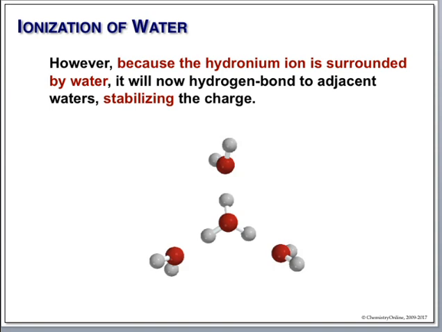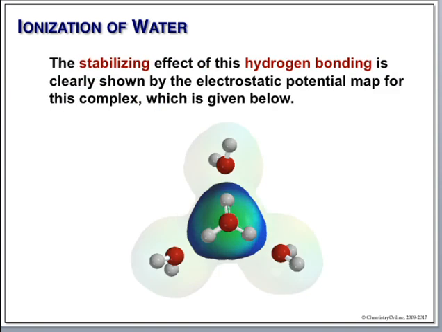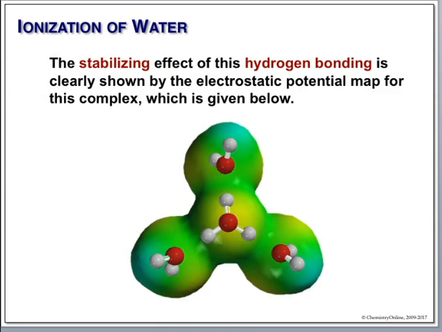Let's take our hydronium, this guy, surrounded by 3 waters, only 3, and we're going to calculate the electrostatic potential map. So here's the hydronium we start with. When we calculate the map for the whole cluster, we wind up with something like this.